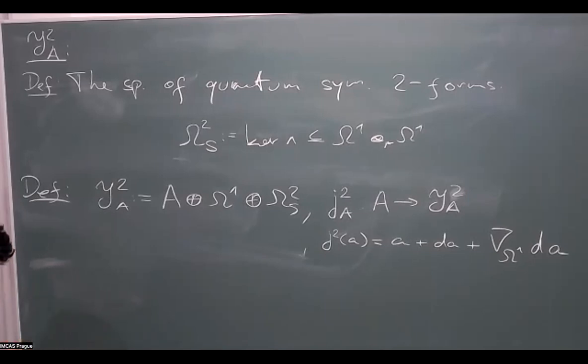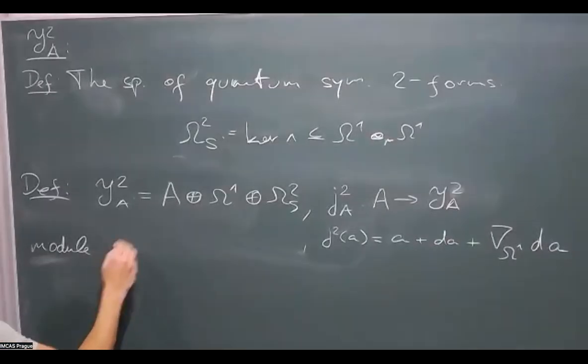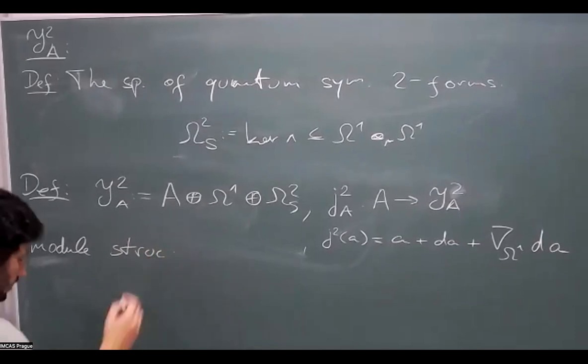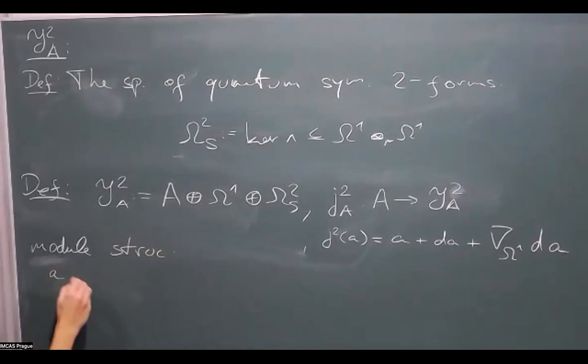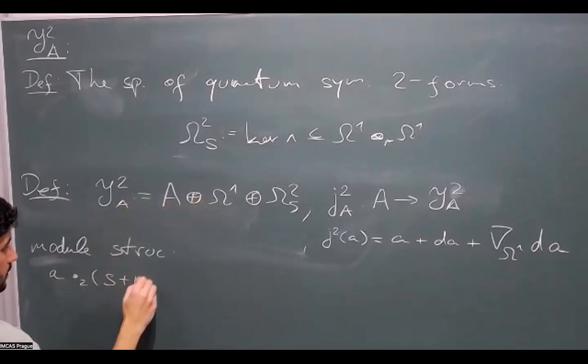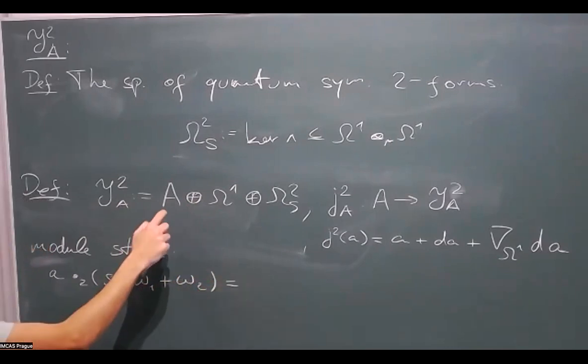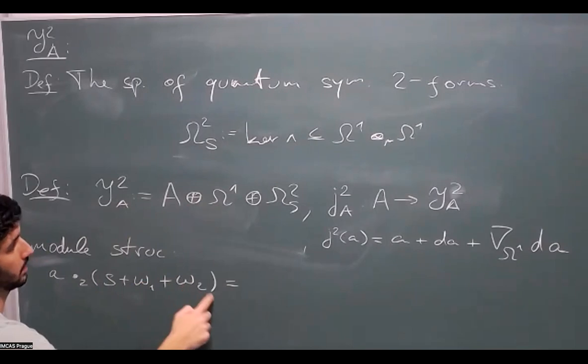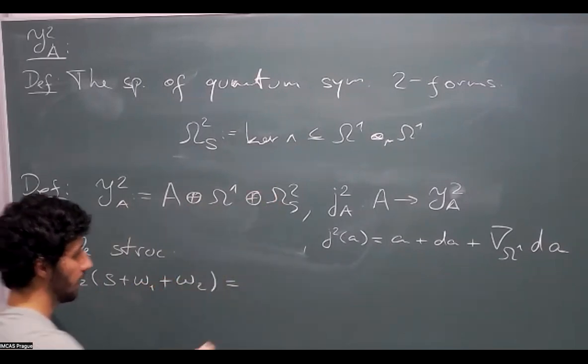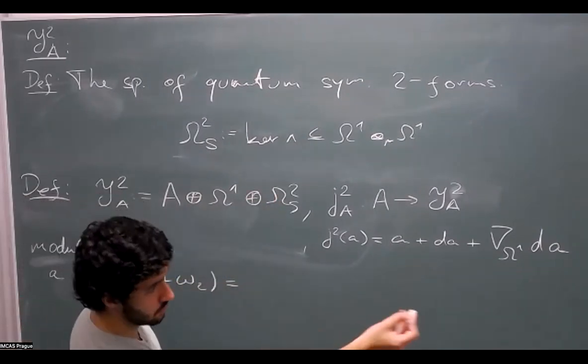The module structure of this space is that if we multiply A with a generic element of this, which I would write as S plus omega-1 plus omega-2, where S is from A, omega-1 from omega-1, and omega-2 from omega-2S, this will be something similar to what we saw before.